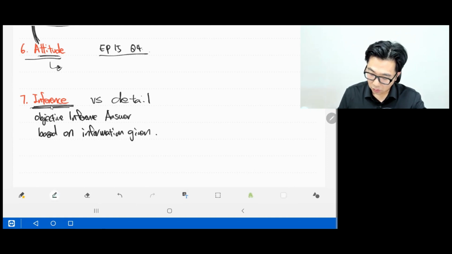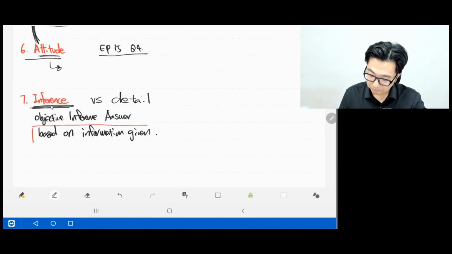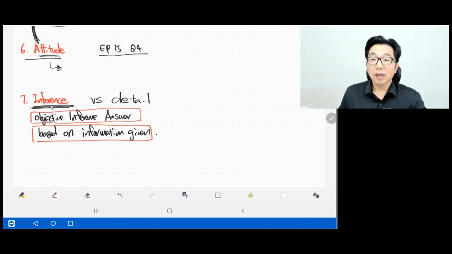Okay, so you must have that as a base to make this objective conclusion, not subjective. Okay. All right. So that's the inference question.